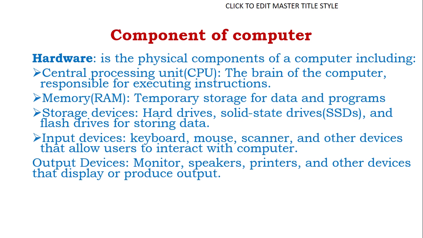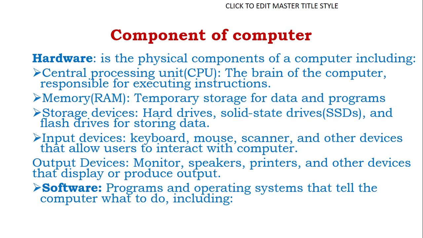Then we have the speakers, which produce sound. Then we have the printers, which produce hard copies. Then we have other devices that can also display or produce output, such as projectors. We use them even in class when displaying the notes for students to see, and for other presentations as well.